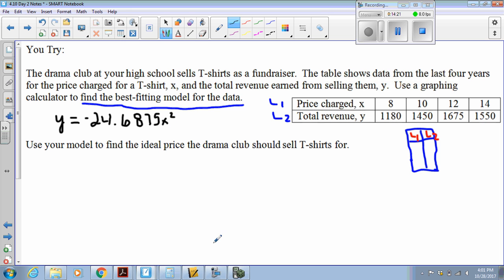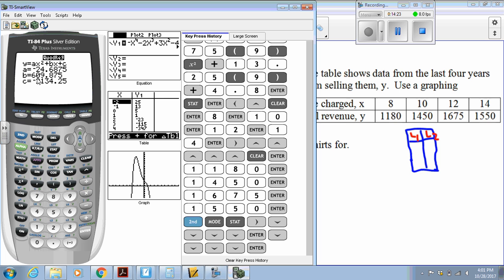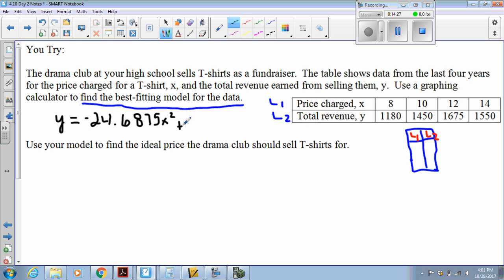So we have x squared. Okay, our B value is 609.875. So we do plus 609, oops, I wrote 608, that should be a 9. That's my mistake. There we go. So that should be 609.875.